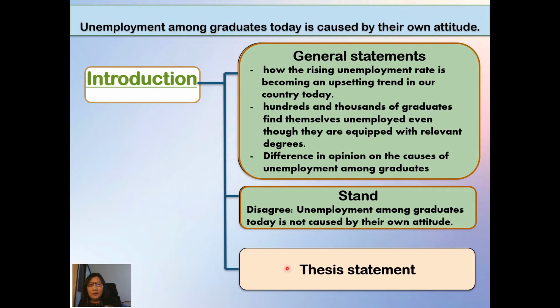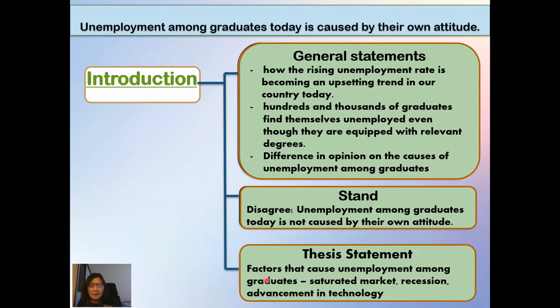So, what are the factors then if it is not their attitude? Then I put in the thesis statement here: factors that cause unemployment among graduates today are saturated market situation, recession, as well as advancement in technology.